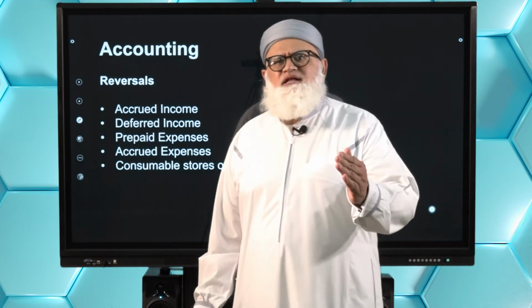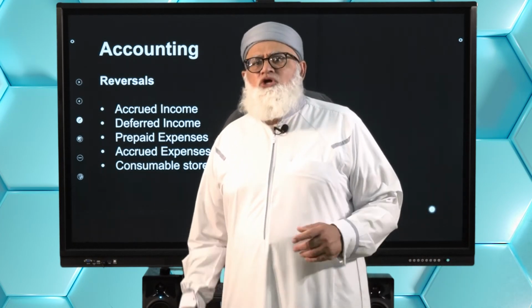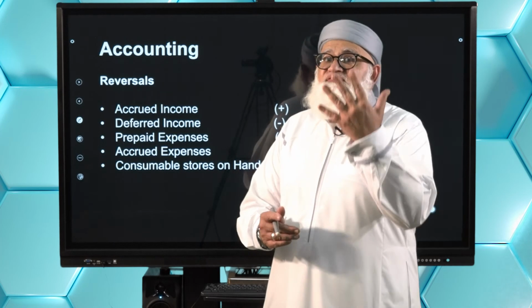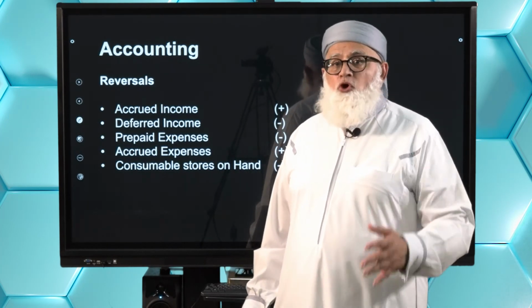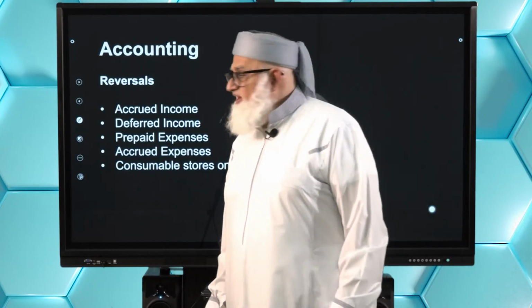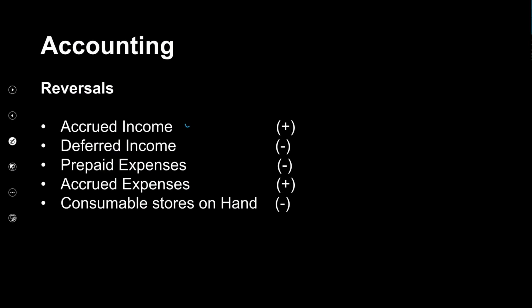Remember, a reversal basically means to reverse 5 adjustments at the beginning of your financial year. Which are the 5 adjustments that you will reverse? Accrued income, deferred income, prepaid expenses, accrued expenses, and consumable stores on hand.